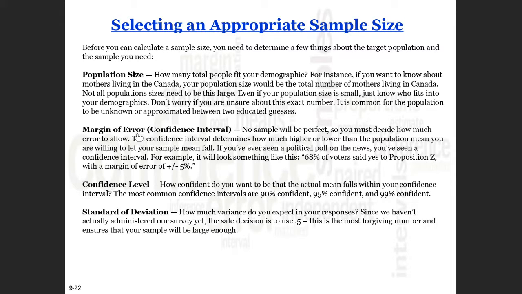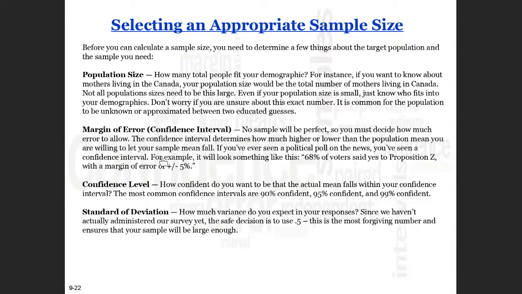Your margin of error, your confidence interval: no sample will be perfect, so you must decide how much error to allow. The confidence interval determines how much higher or lower than the population mean you are willing to let your sample mean fall. If you ever see a political poll in the news, you've seen a confidence interval.